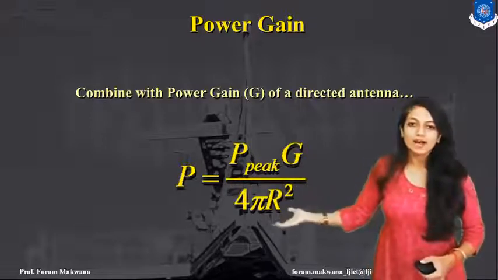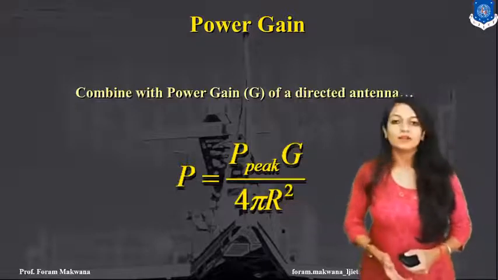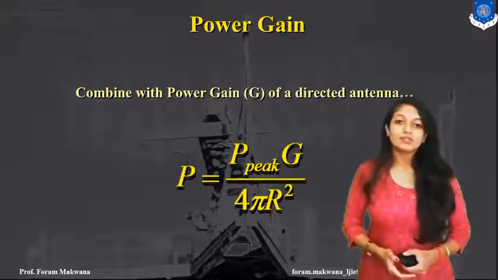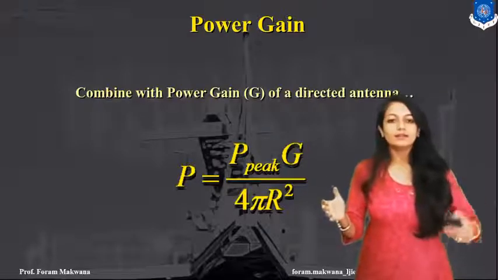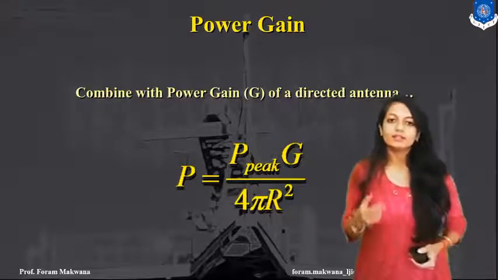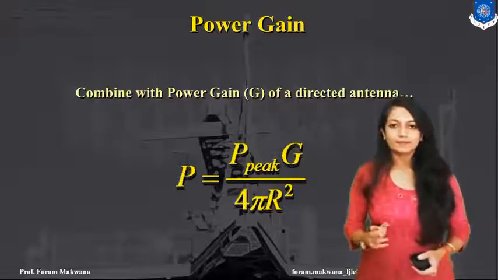Now what is R? R is the range, the distance between my radar antenna and the target. It is always in kilometers.